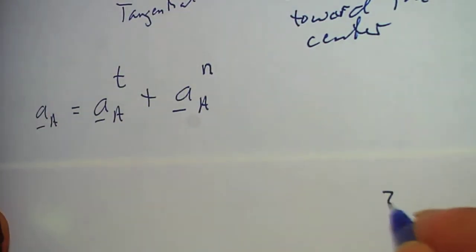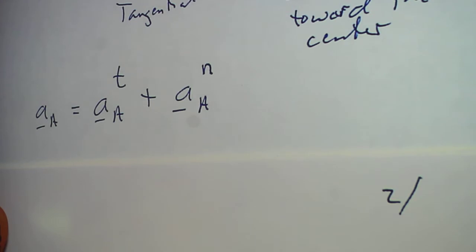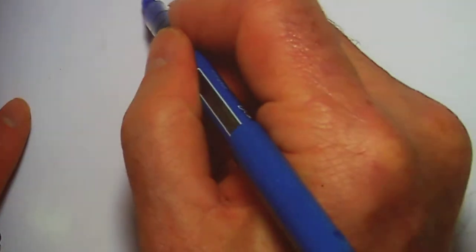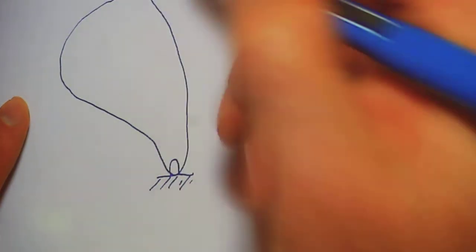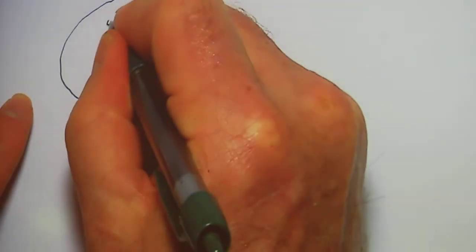If I draw this out here, I'll show you what it looks like. So if we want to look at the total acceleration here, can you zoom out, please? I looked at this right here. And say I have my point A here.